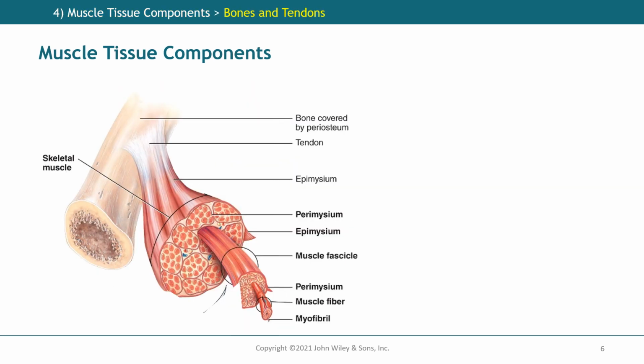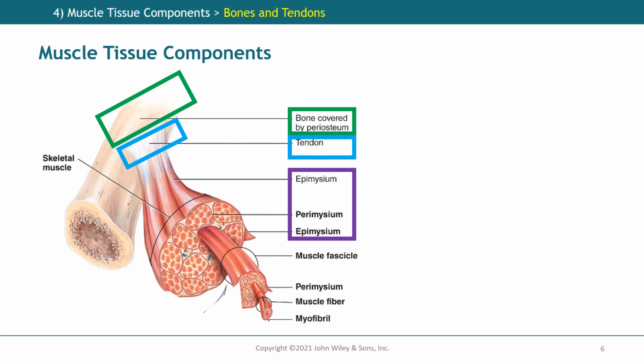This is a slide that I took from your textbook, and here there are all the different components that we will talk about in the muscle tissue. However, here you only have to focus on 3 sections, that are the sections outside, where we are still not talking about the muscle. So we need to talk about the green region, that is the region of connective tissue.